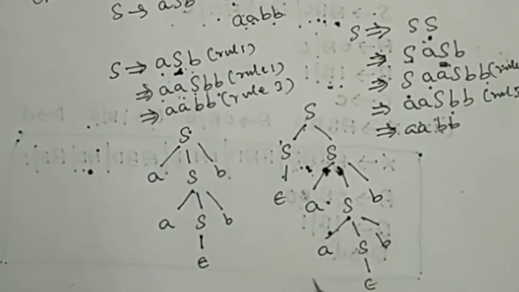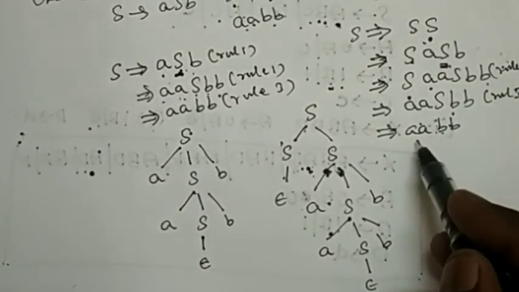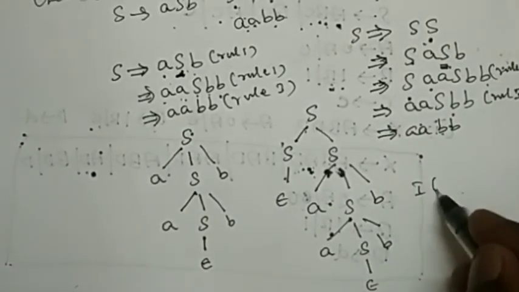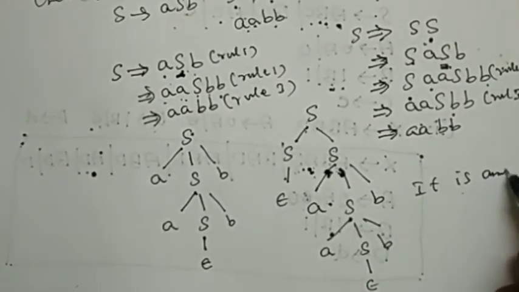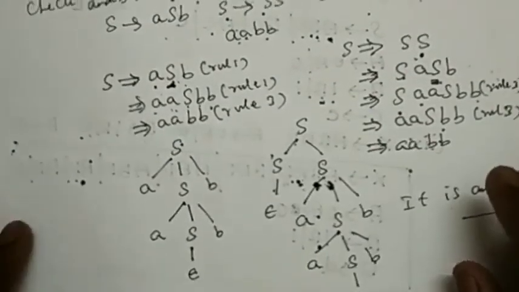Now I get the same string AABB. Since there are 2 derivation trees for the same string, it is ambiguous. So this grammar is an ambiguous grammar.